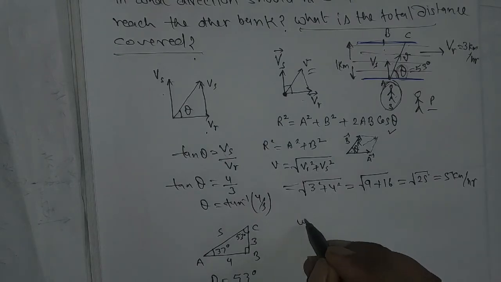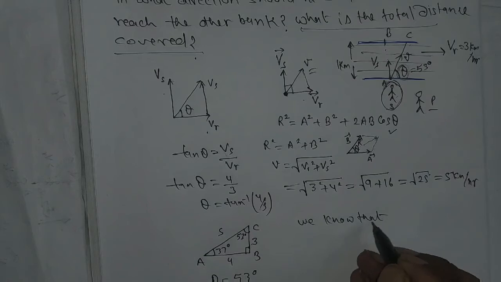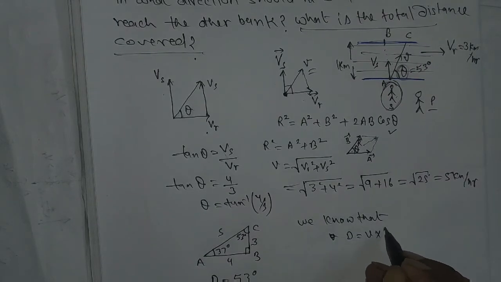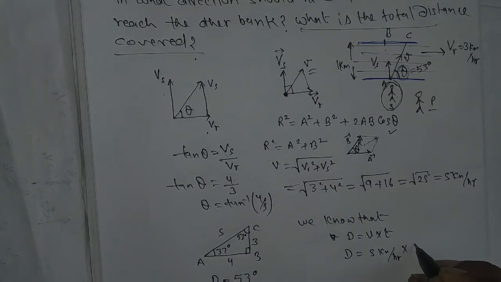We know that distance is equal to velocity into time. So distance covered we will have to tell. So what is the velocity? 5 km per hour. And time is given to us, 15 minutes. So 15 minutes we can convert into hours.